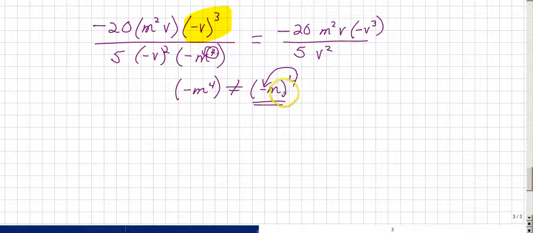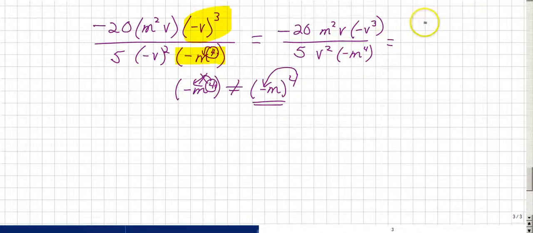It's like negative 1 to the fourth, which is positive 1. On this side, the left side, the 4 does not apply to the negative sign. It does not apply to it because the entire expression would have to be in parentheses. So let's go back and finish this. As I said, it's like a negative 1 being in front of the m, but the negative 1 is not being raised to the power, so that's just going to be negative m to the fourth.